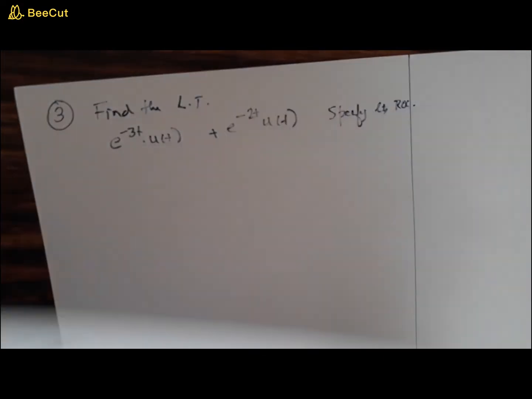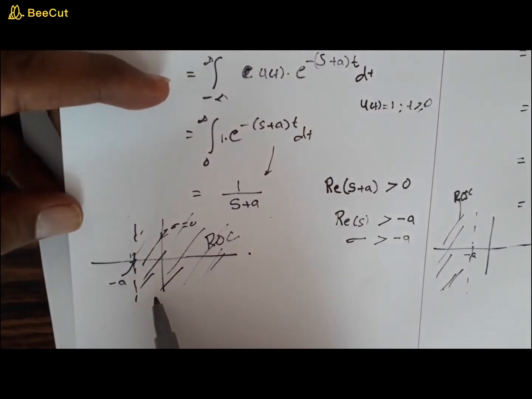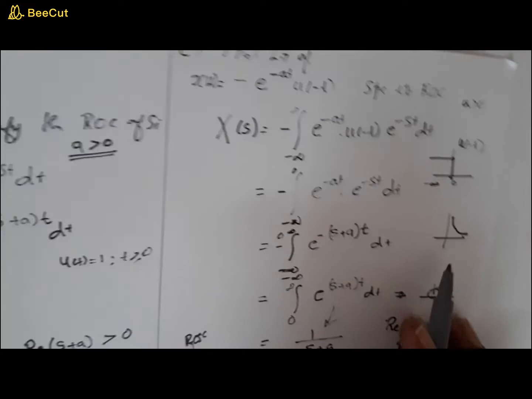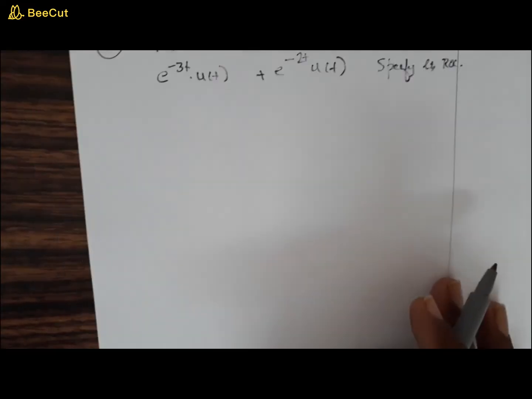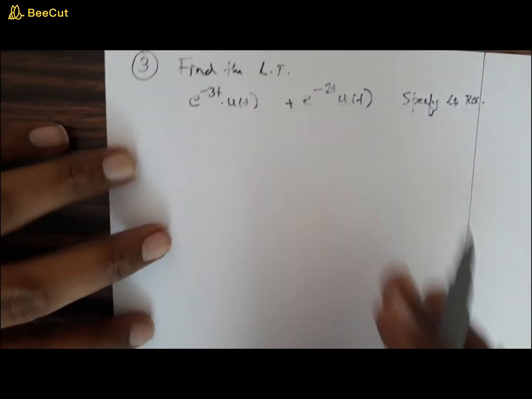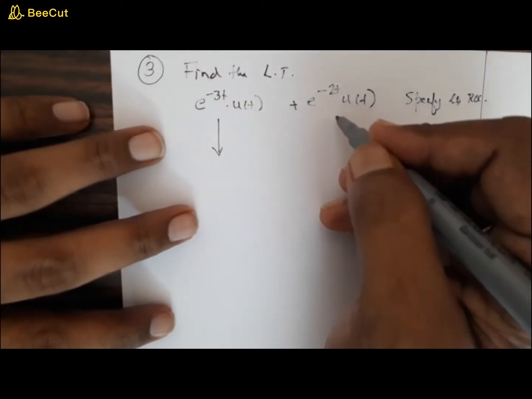Just a recap. In one problem, for a particular signal, the ROC is for sigma greater than a value. In the other case, sigma is less than a value, and here you have another set of signal. What we are going to do is find the Laplace transform of each individually.